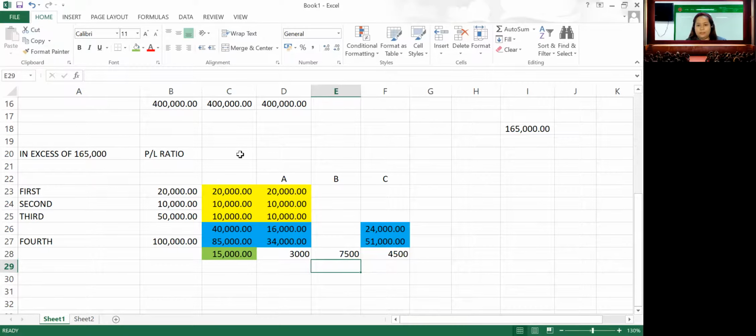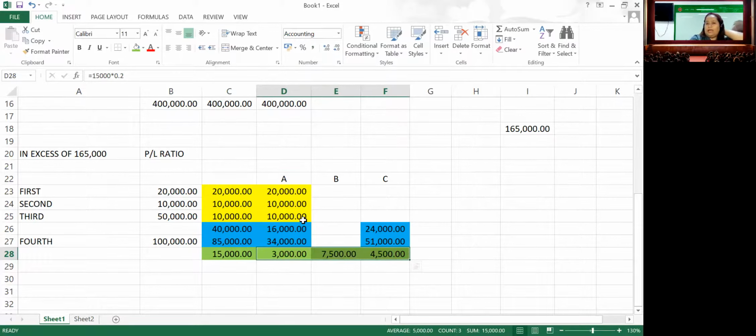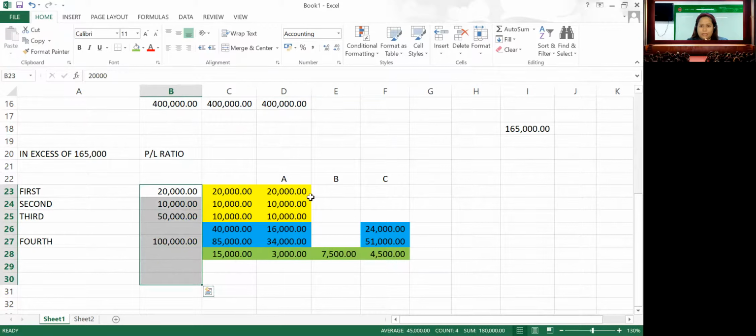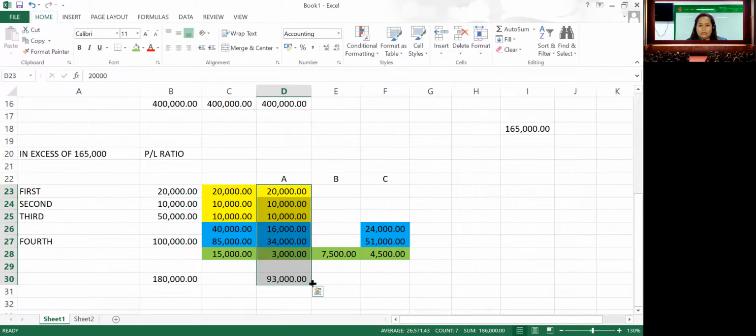Okay. So, ibig pong sabihin, sa ating distribution na to, yung 15,000, 3,000 bigay kay A. 7,500 ibigay kay B. 4,500 ibigay kay C. So, at the end of the process, magkano yung total na napamigay? 180,000. Magkano doon ang kay A? 93.